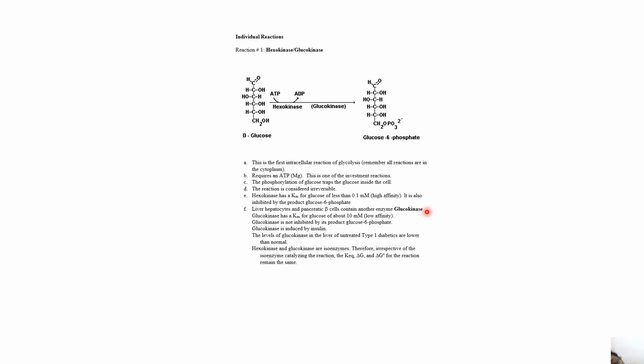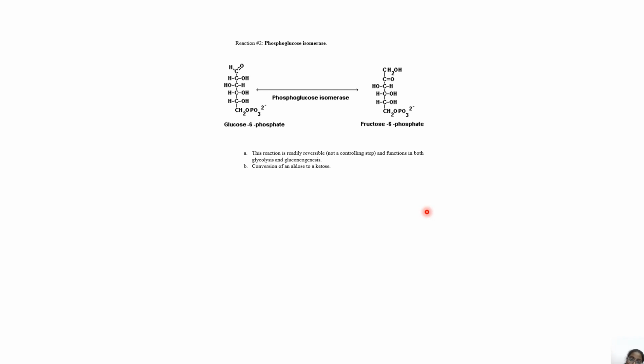It's induced by insulin, and the levels of glucokinase in the liver of untreated type 1 diabetes are lower than normal. Hexokinase and glucokinase are isoenzymes. Therefore, irrespective of the isoenzyme catalyzing the reaction, the K equilibrium and delta G for the reaction will remain the same.